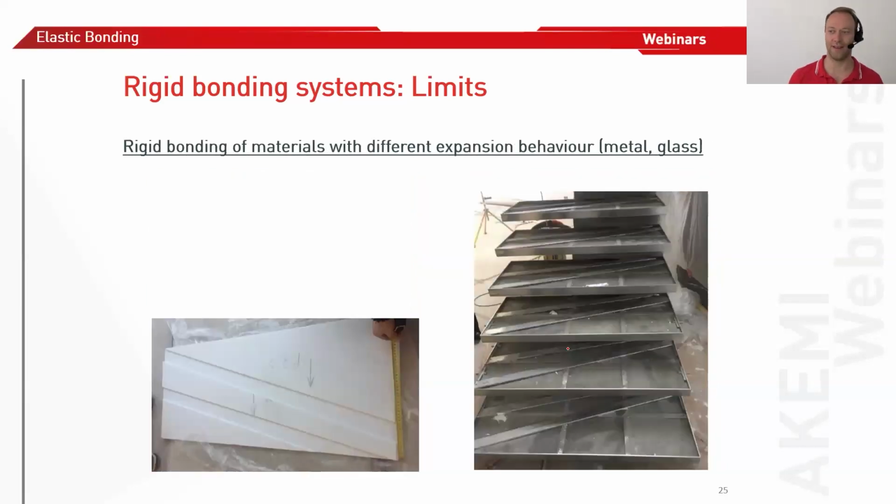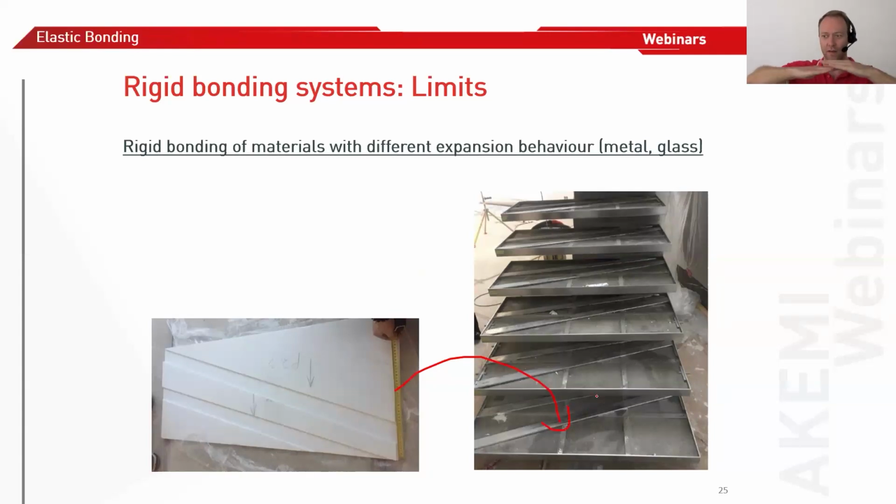Now, again, one limit. I forgot this slide, but this is also an advantage for the next slide. When you have metal installations like that, this is a stairway, and here you have a marble, and you want to bond the marble on top of the stairs. You have two impacts.